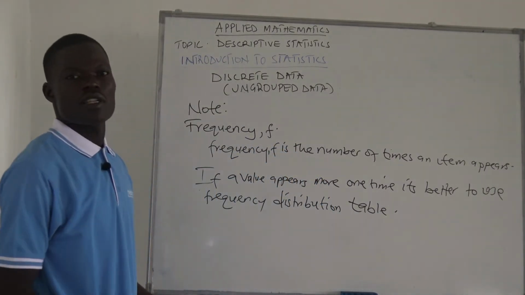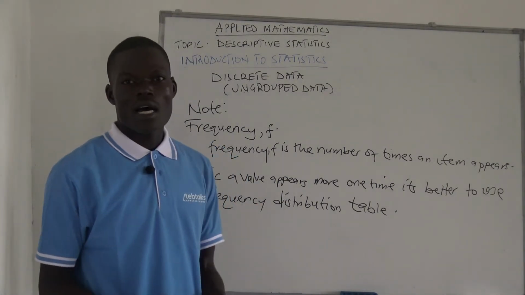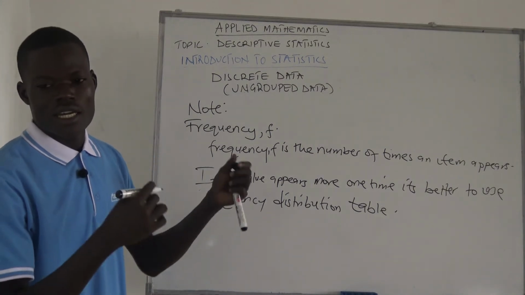It's better to use a frequency distribution table if a value appears more than once or more than twice.